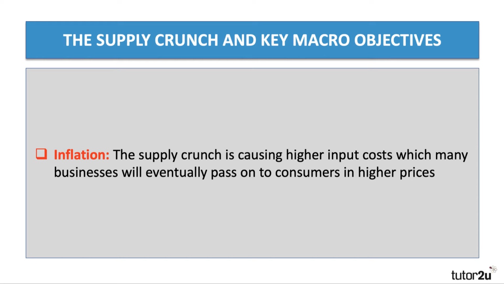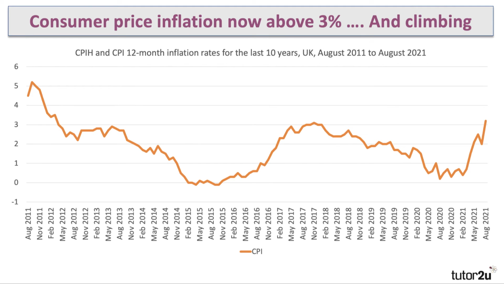You see, the supply crunch is causing high input costs for businesses, higher raw material, component and energy costs, for example, and many businesses are having to make tough decisions about whether to pass on some or all of this cost to their consumers in the form of higher prices. And we can see that the consumer price index, the CPI rate of inflation, is already above 3%, well above the target rate. The Bank of England predicted it would be above 4% this autumn. The chief economist of the Bank of England thinks inflation in the UK could rise as high as 5%.